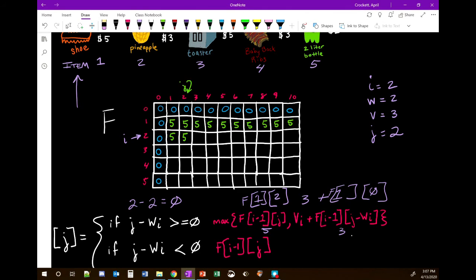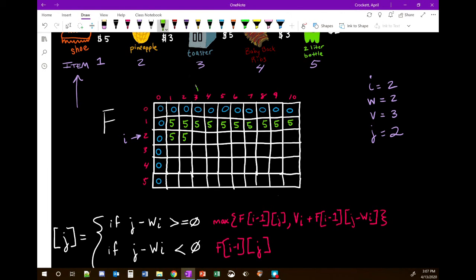And let's just do one more. And then I'm going to show you, because I think you will do these steps for every single cell in this 2D array. J is now 3. i is still 2. So when we do 3 minus the weight, which is 2, that's going to be 1, which is greater than or equal to 0.